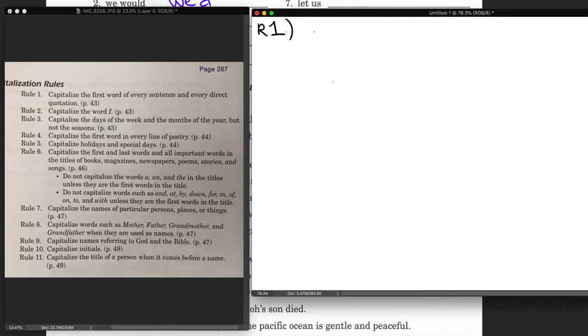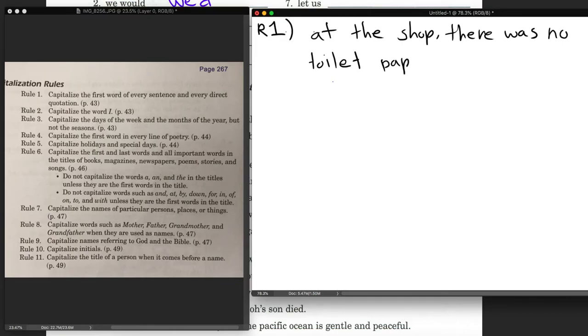For example, "at the shop there was no toilet paper." Toilet paper has been running out lately. At the beginning of a sentence we always have to start with a capital letter, so this is wrong here. This A should be a capital A.